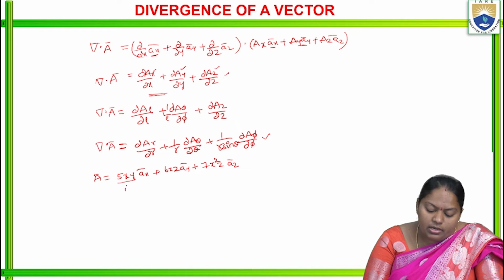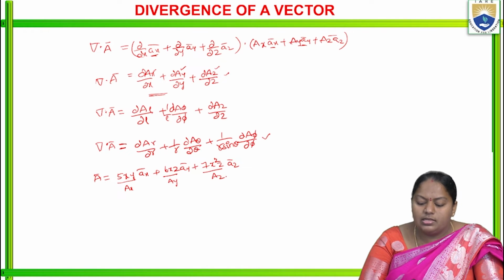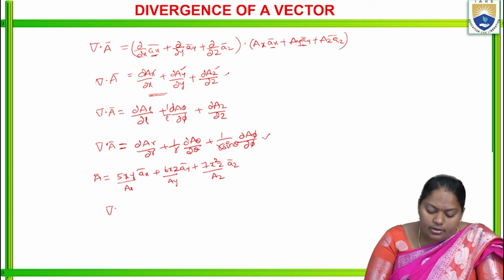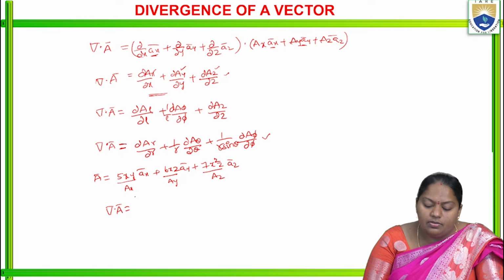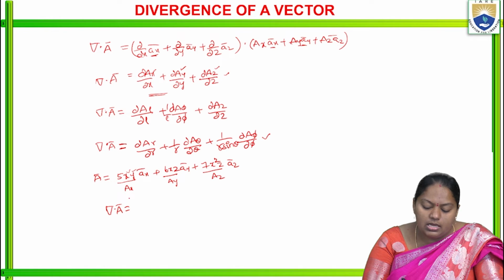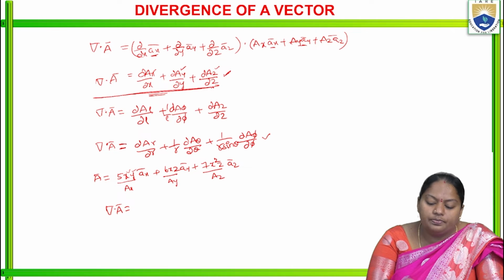For the x component it is 5xy, for the y component it is 6xz, for the z component it is 7x square z, right? So now del dot A bar can be written as, in the given x, y, z coordinate system variables, we need to write all the magnitudes of the x, y, z directions, and those values need to be substituted over here, right?